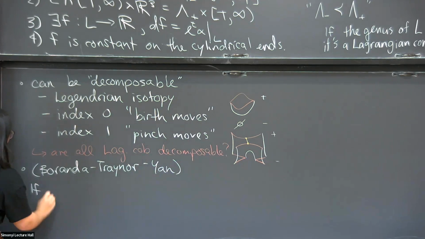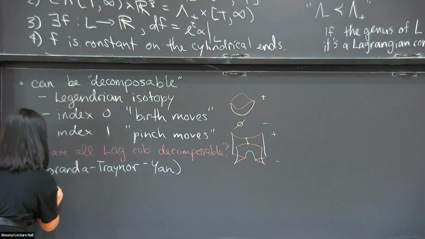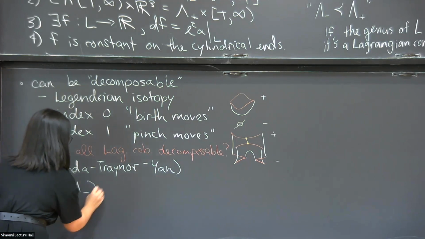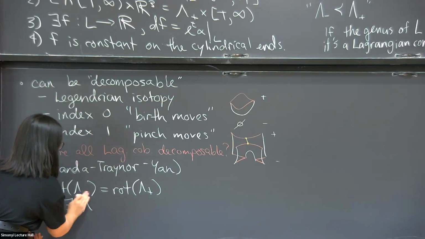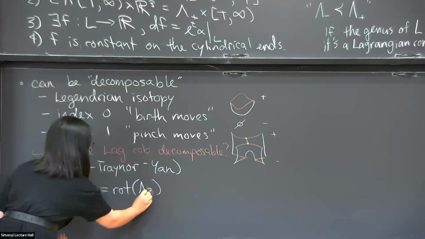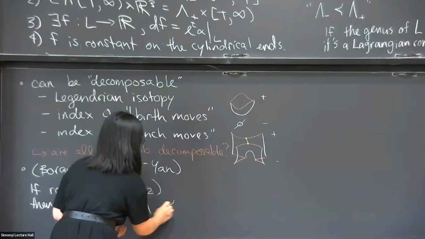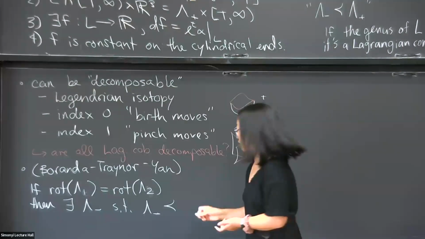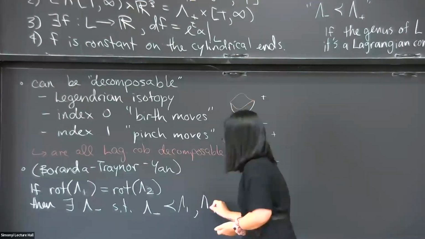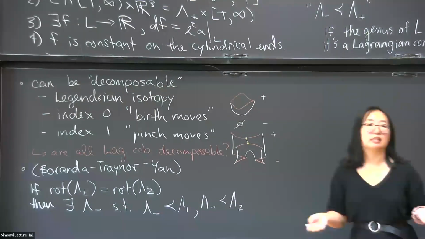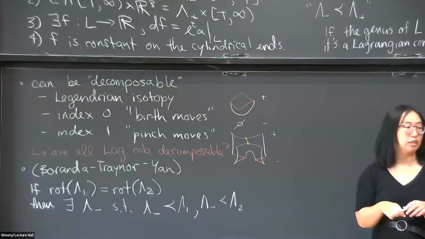It's that if I have 2 Legendrian knots, lambda 1 and lambda 2, and they have the same rotation number, then there exists a lambda minus such that lambda minus is cobordant to both lambda 1 and lambda 2. So you can think of this as a lower bound result on Legendrian knots.